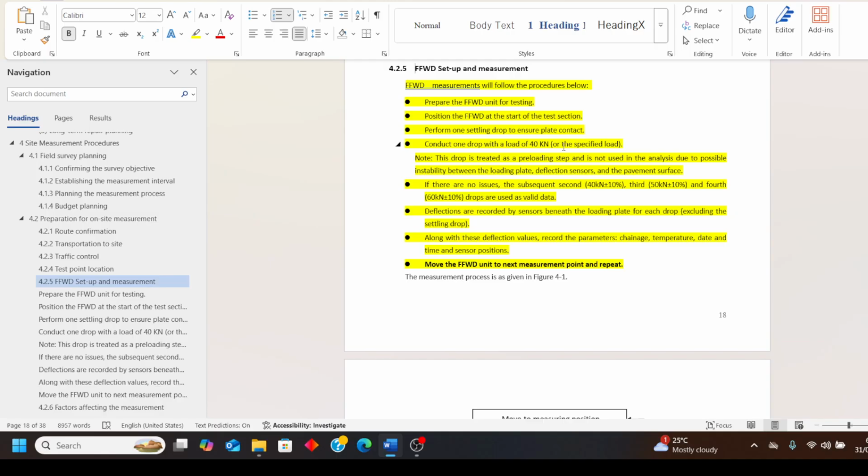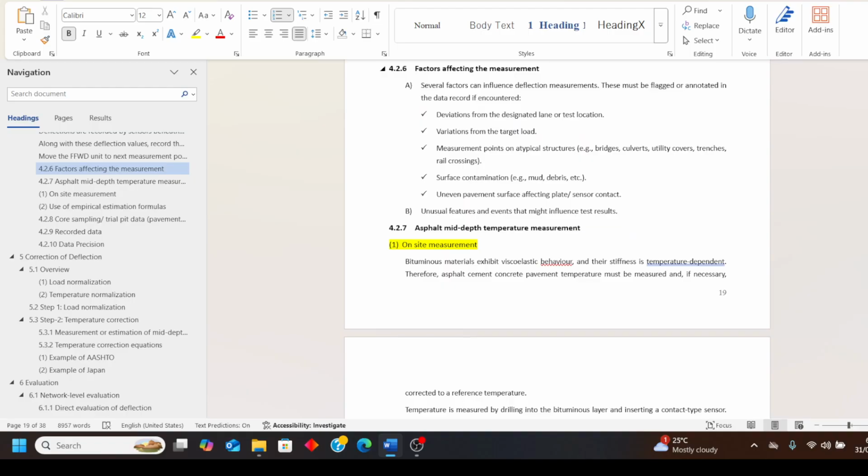First is the specified load of 40 kilonewton standard, and then we have 50 kilonewton and 60 kilonewton reference loads. The first 40 kilonewton drop is usually ignored for preloading, and deflections from subsequent drops are recorded as valid data. Then the data logged per point is prepared, which includes deflections from all the sensors, load, temperature, time and sensor layout. And then we finally move to the next test point.